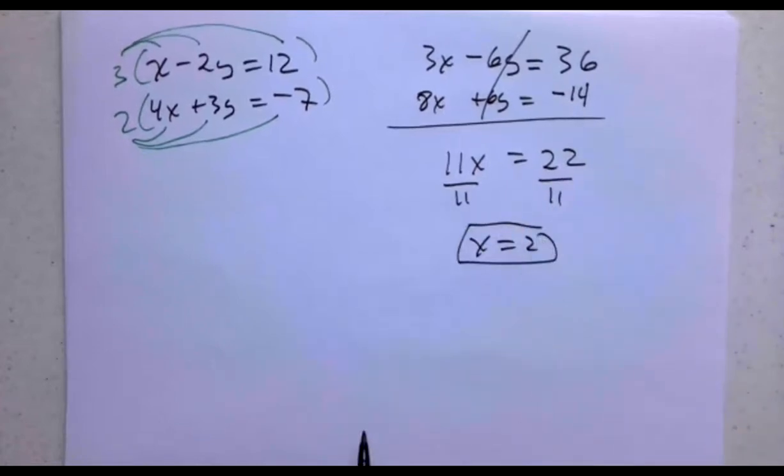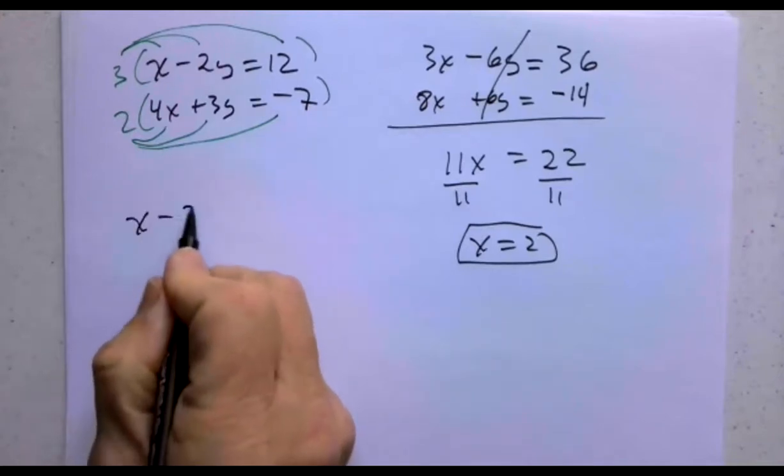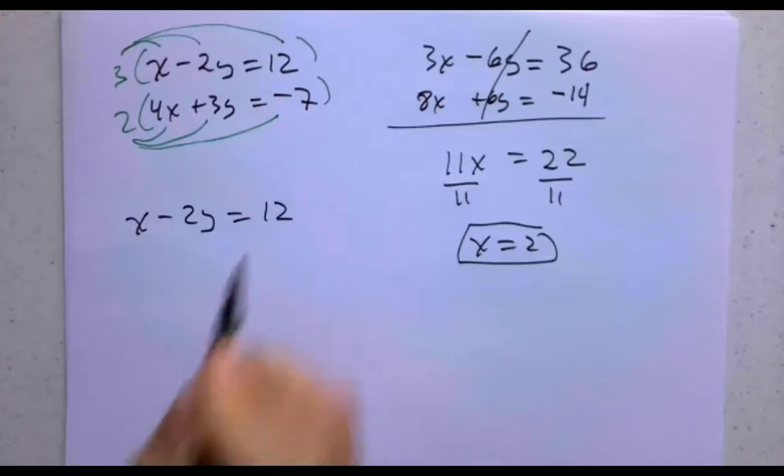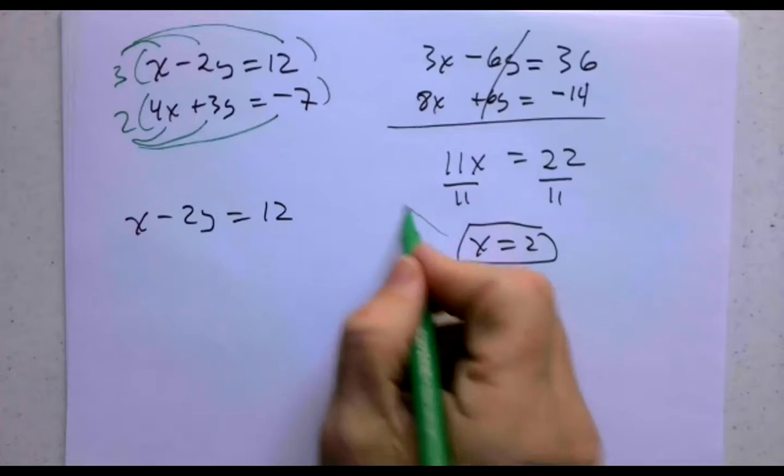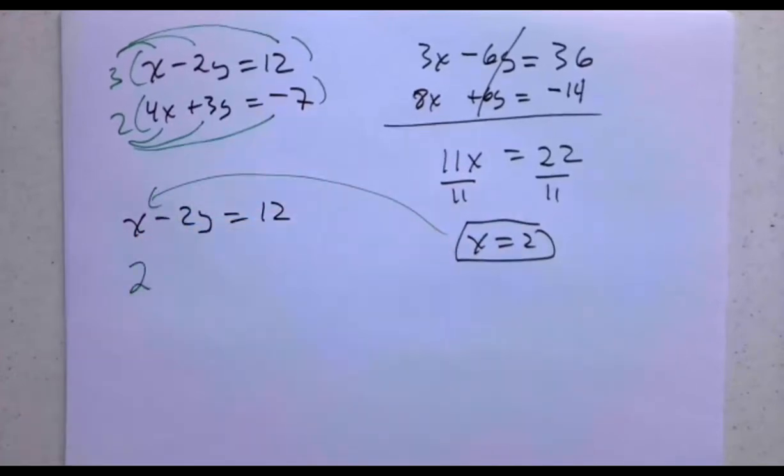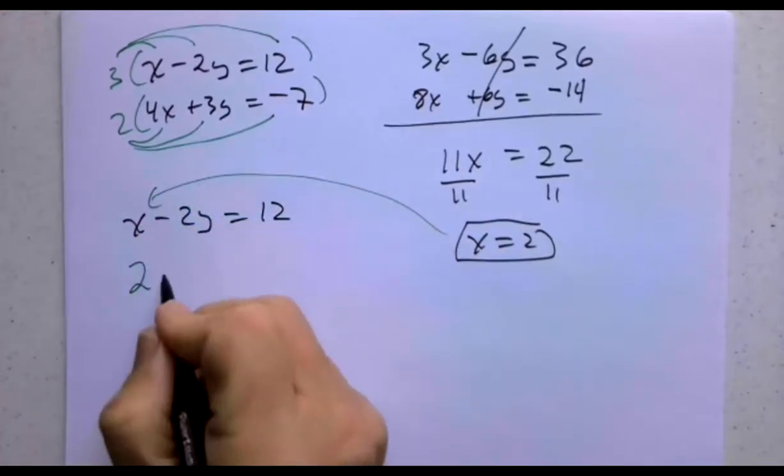I have a choice. I could go back and eliminate the x's and solve for y. That works. Or I could plug in the 2 and see what my answer is there. I would assume most students just plugged it in, so write down one of my equations. X minus 2y is 12. Let's plug the 2 in for x. So that gives me 2 minus 2y is 12.